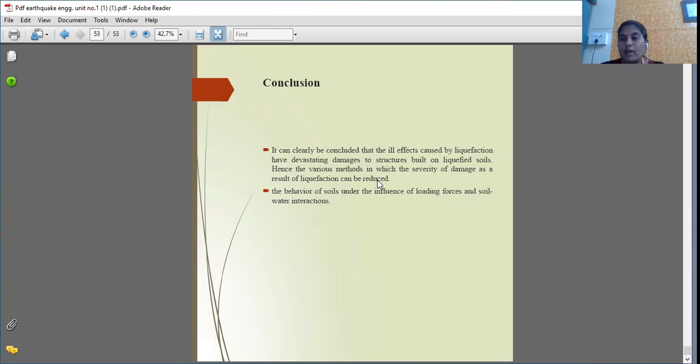Before the starting of any construction, we have to take care to reduce liquefaction by grouting, soil stabilization, and soil reinforcement.